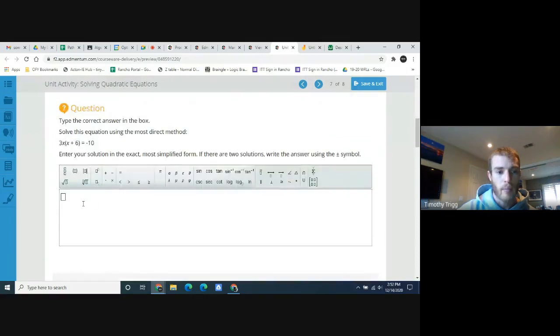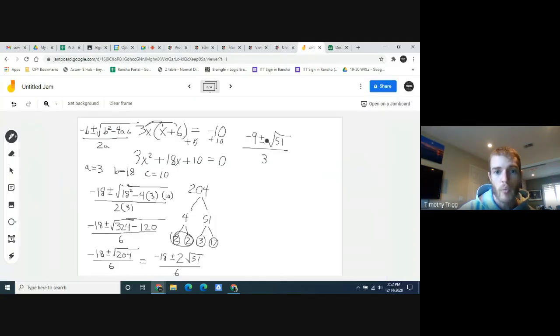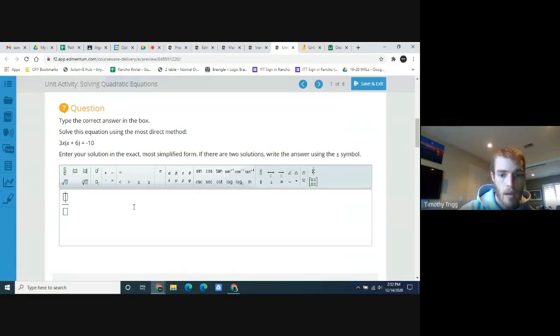So how do we write that weird answer in here? Well, we could use this equation editor. So I would say start off, we got a plus and a minus version. I don't know if they're going to have a plus and minus thing. Doesn't look like we have one of those. So we're going to write it into two different things. So the first one we'll write as a plus. So negative 9. Again, I'm using this fraction thing. Plus, you use the square root tool like that. 51 over 3, like that.